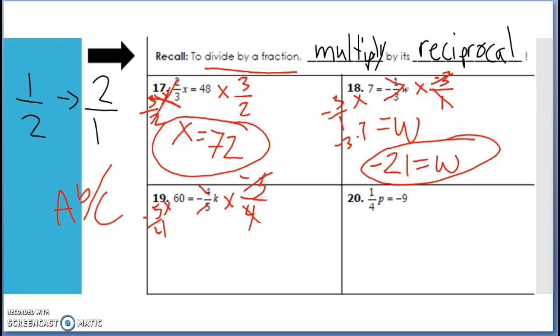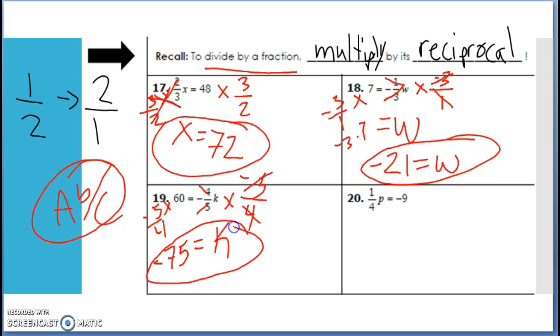Because a 4 is on top and a 4 is on bottom of those fractions, they cancel, and a 5 is on top and a 5 is on bottom, they cancel. And we're left with k. So now we just type in negative 5 fraction button 4, times 60. And you get negative 75. k equals negative 75.